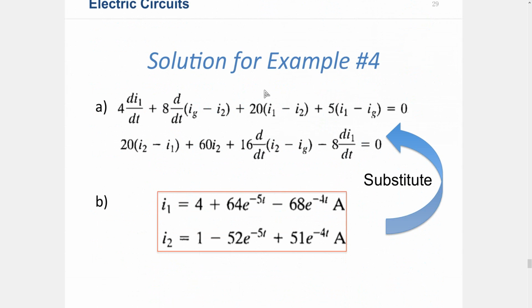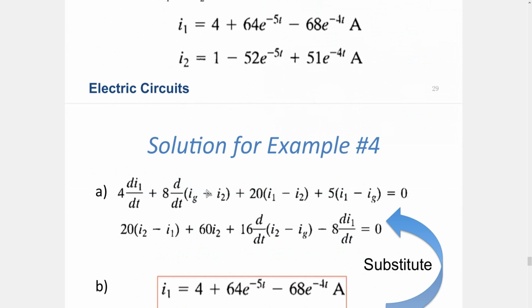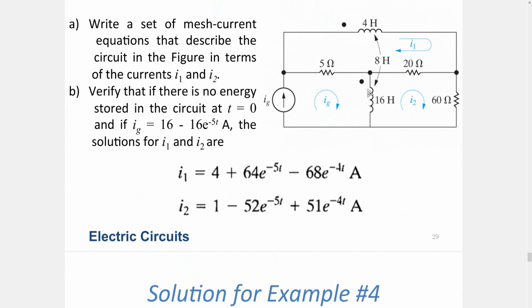If I write down my equations, then I will obtain 4 times di1/dt plus 8 times d/dt (Ig minus I2), because of the mutual inductance between them, there will be some opposing voltage drop across the 16 henry inductance. So I have to account for it, and the current of the 16 henry inductor can be written as Ig minus I2.